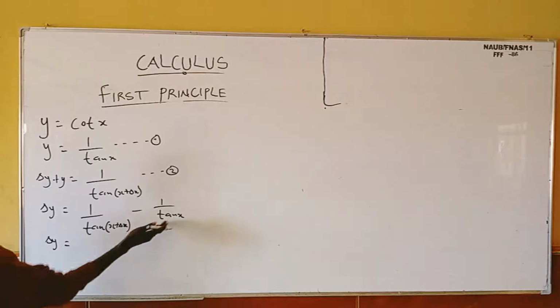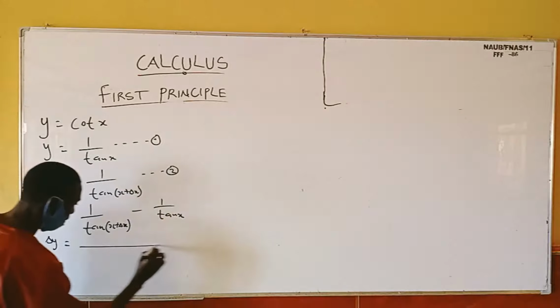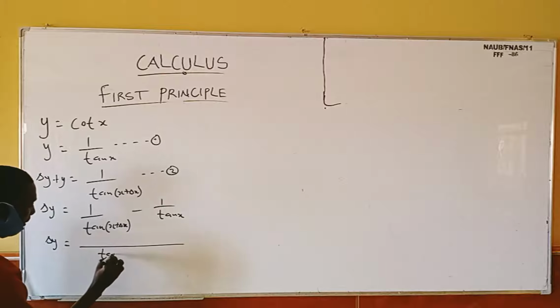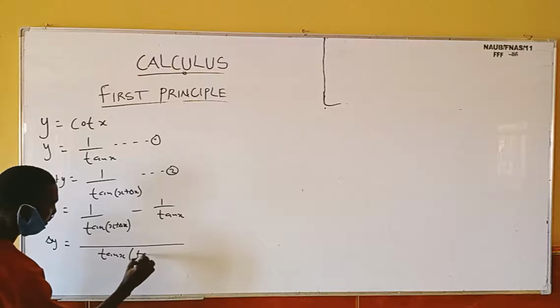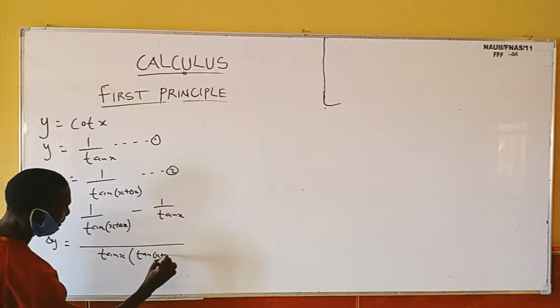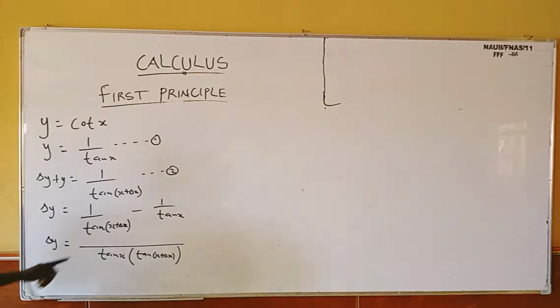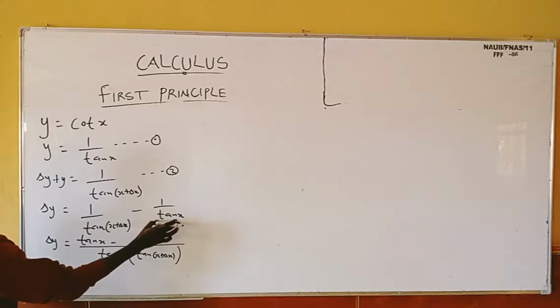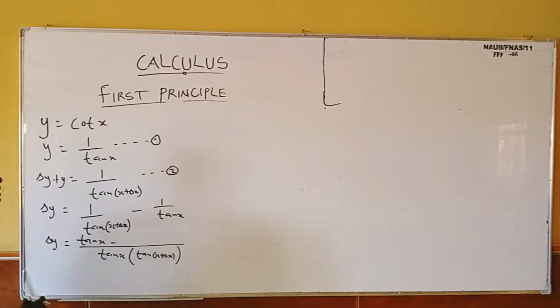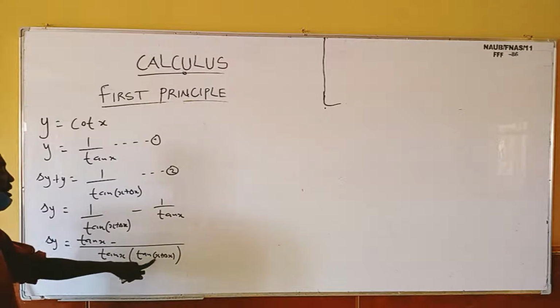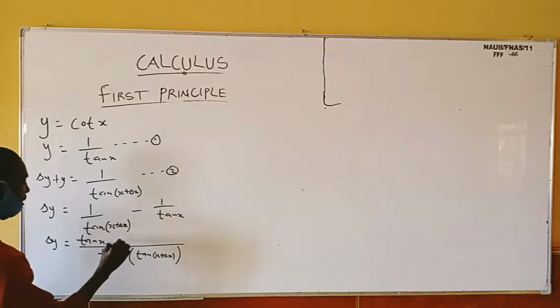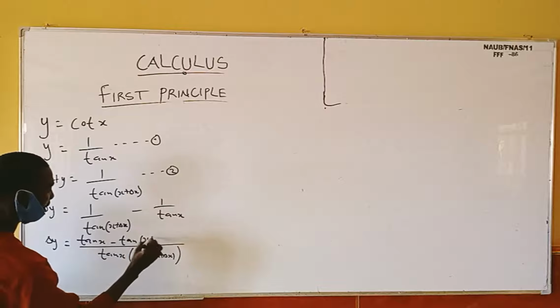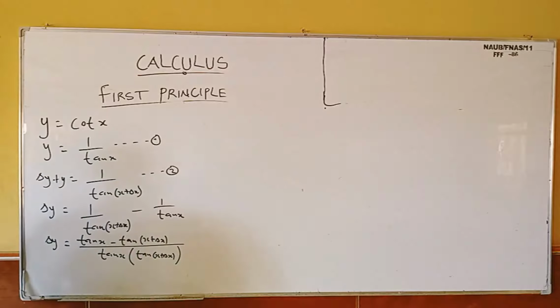The LCM of this and this is tan s into tan s plus change in s, bracket. This we cancel, then we'll be left with tan s. Tan s times 1 is still tan s, minus tan s divided by tan s is nothing but 1. So we'll be left with this times 1, which is still tan s plus change in s.